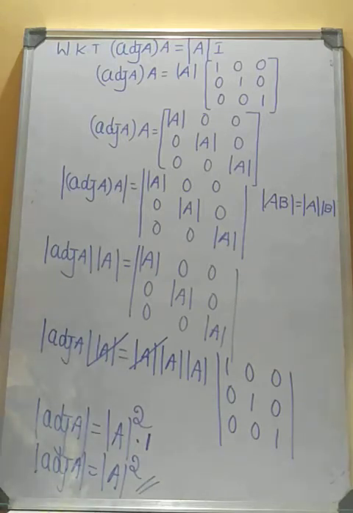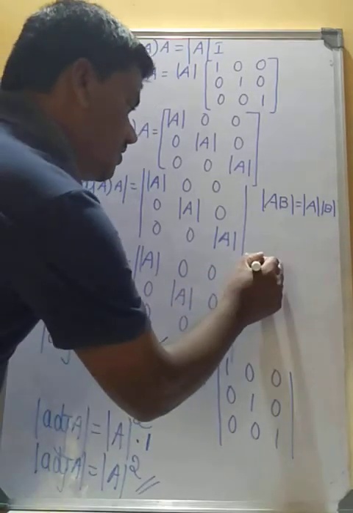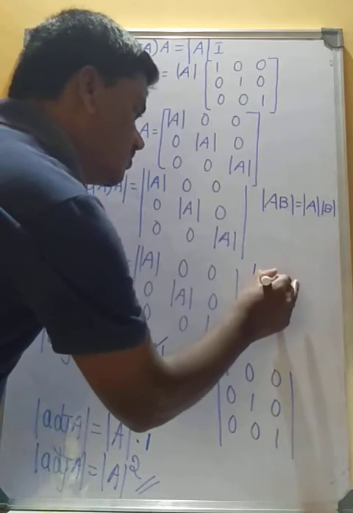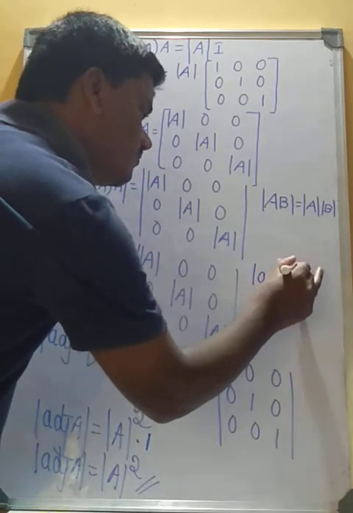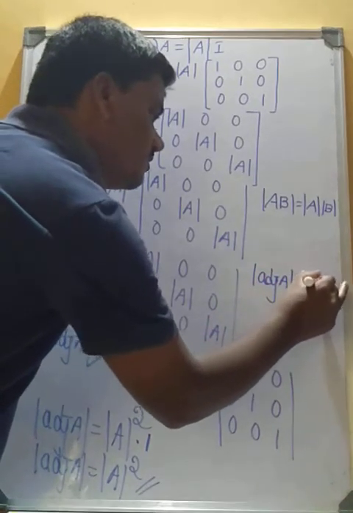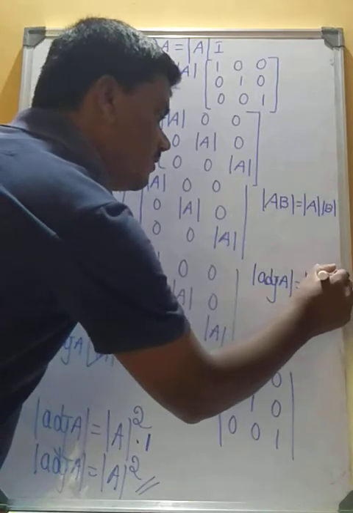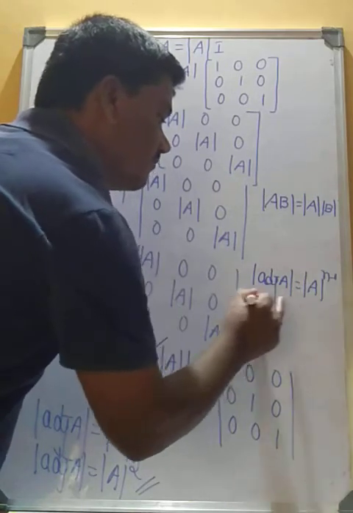In general, if A is a non-singular matrix of order n, then determinant of adjoint A is equal to determinant of A to the power n minus 1.